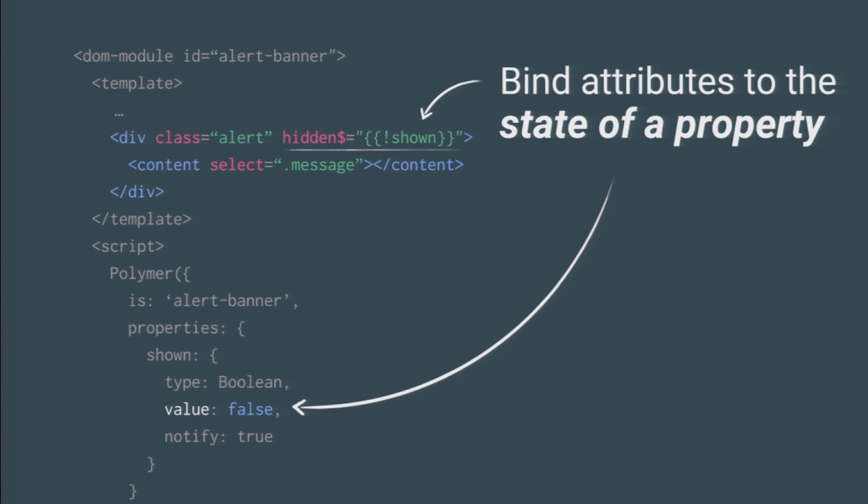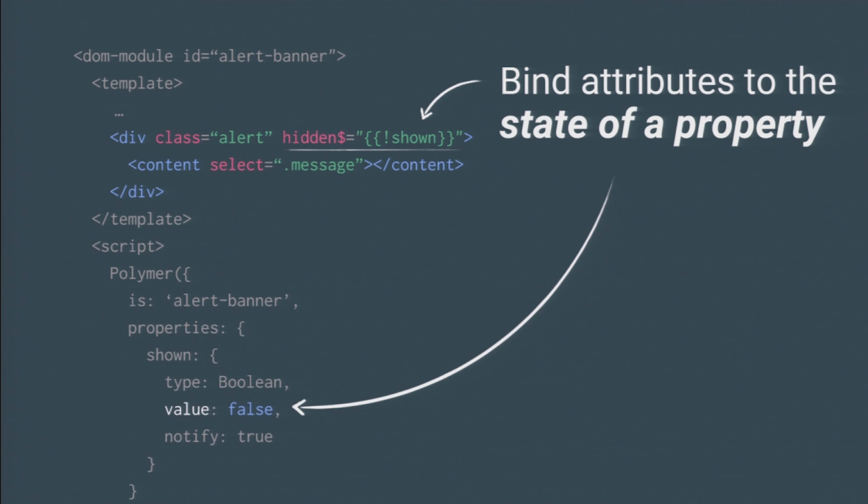All right, so we have that new property defined. It's called shown, and we're going to bind attributes to the state of a property. So what we're doing over here, we have this attribute called hidden. That would be an attribute on the div element that's in our local DOM.